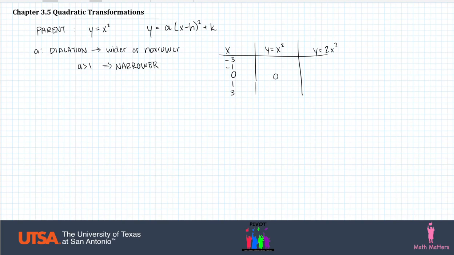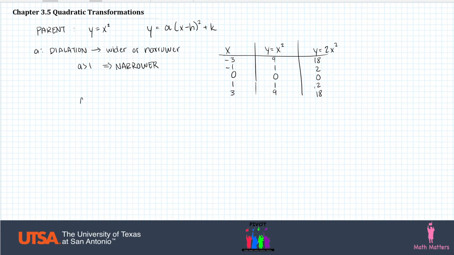And then we have 1 and 9, then 1 and 9. Then if we multiply them by 2, this is 2, this is 0, this is 2, this is 18. So these y values are going to increase at a faster rate, thus making the graph narrower.